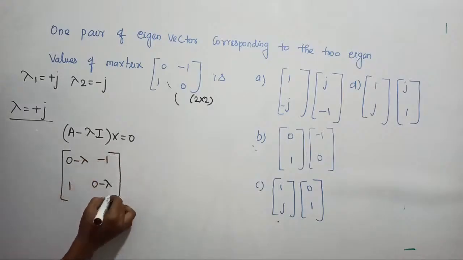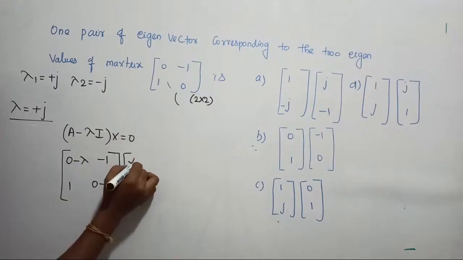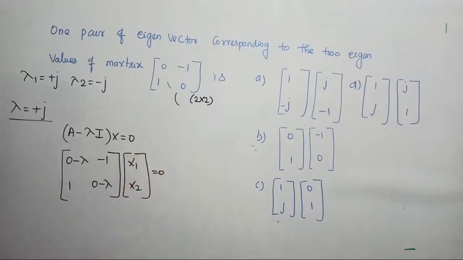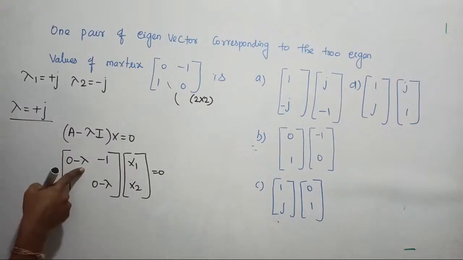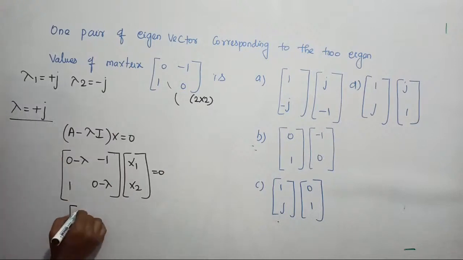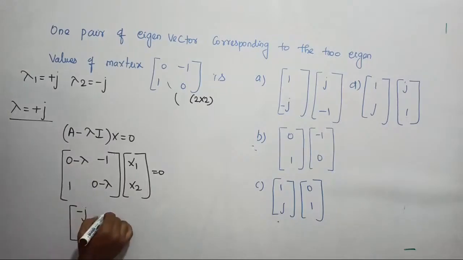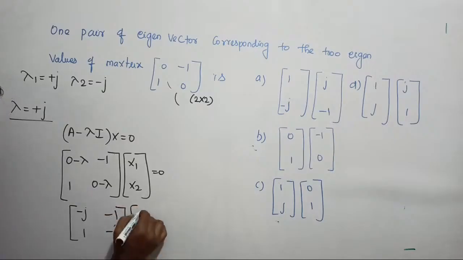I am requesting you to please reduce this one, and here it is going to be x1 x2, equal to 0. Let us consider first lambda equal to plus j and substitute, this system will become minus j. I am substituting plus j, so here I have minus j, minus 1, 1, minus j. Exactly, that is correct. And with this we are going to consider x1 x2, equal to 0.